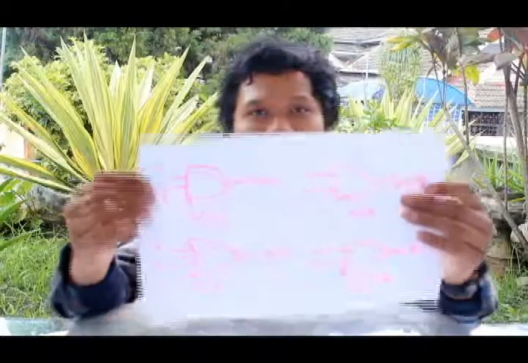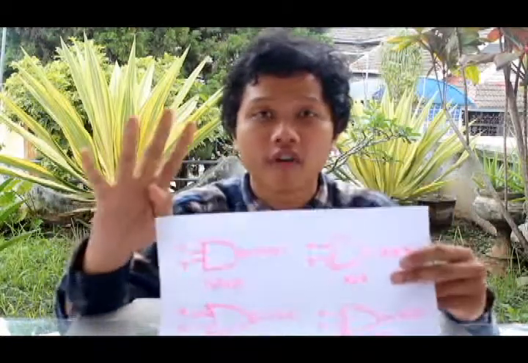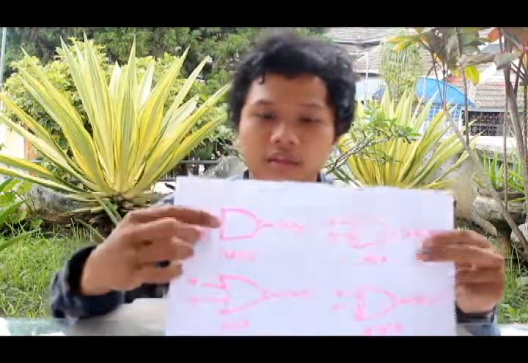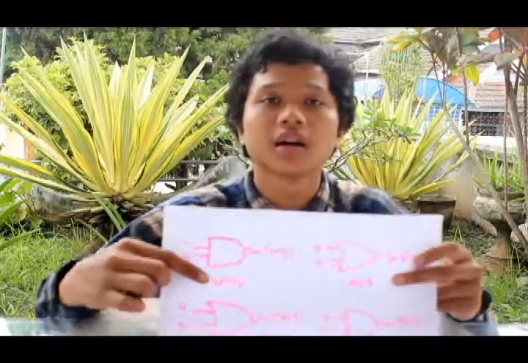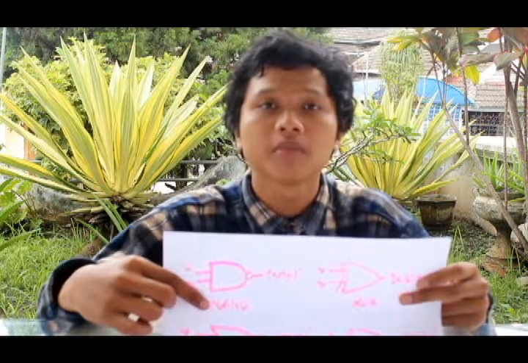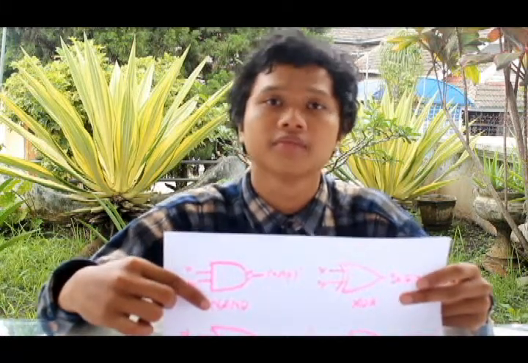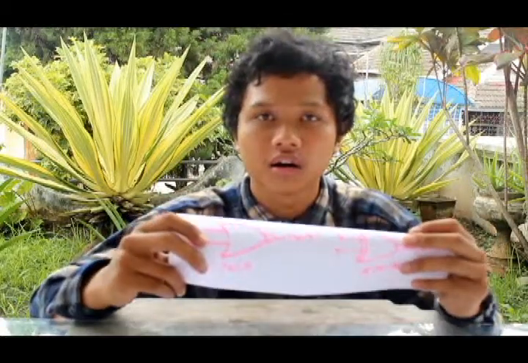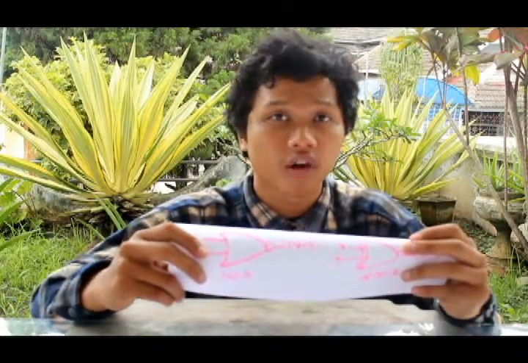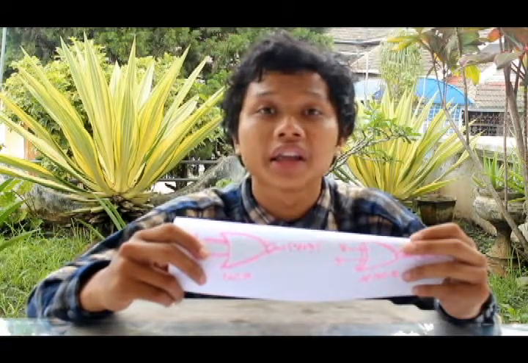There are very many derivative gates, like this. For derivative gates, 1, NAND. NAND is a derivative gate from the AND gate, and this NOR derivative gate is from the OR gate.